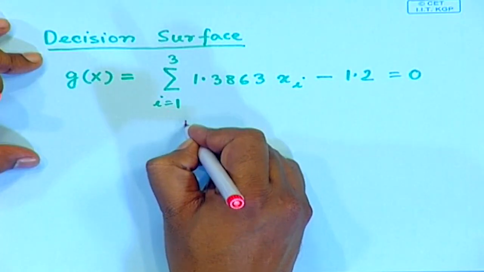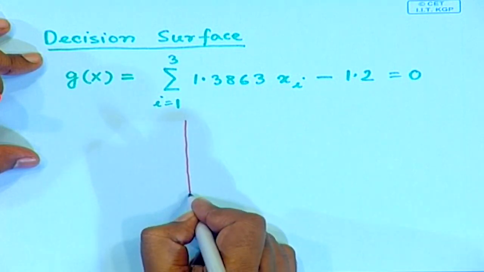It can be either 0, 0, 0 or 0, 0, 1 or 0, 1, 0 or 1, 0, 0 and so on. So if I try to plot this decision surface, it will be something like this.